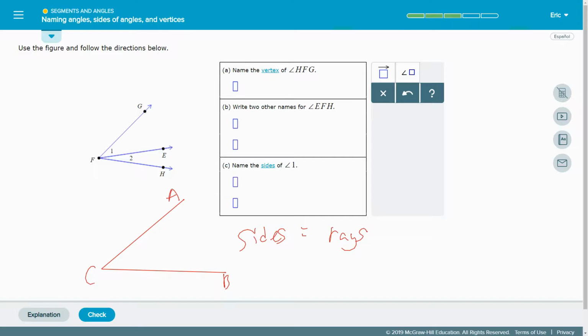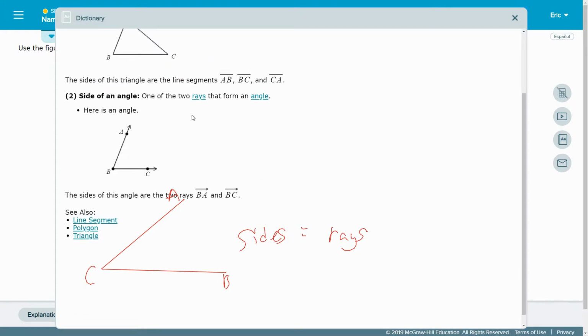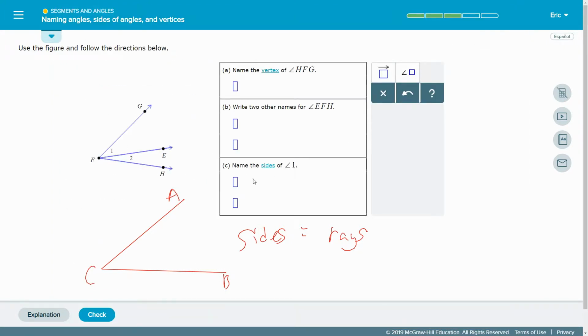I'm going out of order with this, where it says name the sides of angle 1, as the ALEKS explanation will go into as I just did. There will be rays, and rays are denoted with the ray symbol on top of it. How do you name a ray? Always, always, always start from the vertex, or the point that the rays converge at. In my case, that is CA and CB.